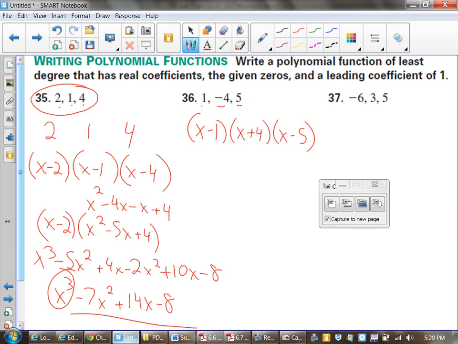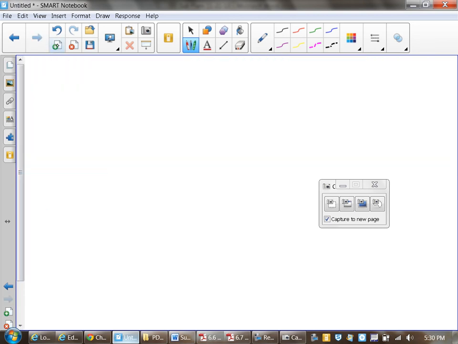Now, the trick is going to come in, of course, there's always a trick, when you have to deal with imaginary ones. For example, if I give you 3 zeros at 3i, negative 3i, and 5, using the same idea of the parentheses, we know the 5 one.